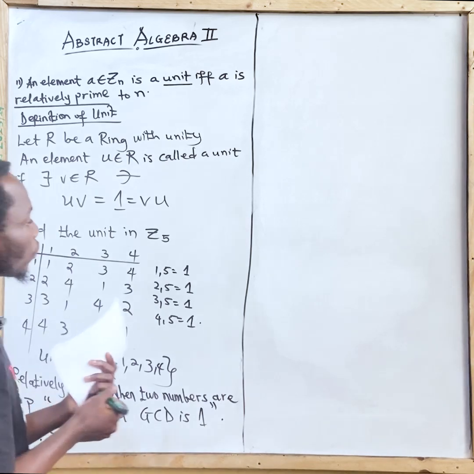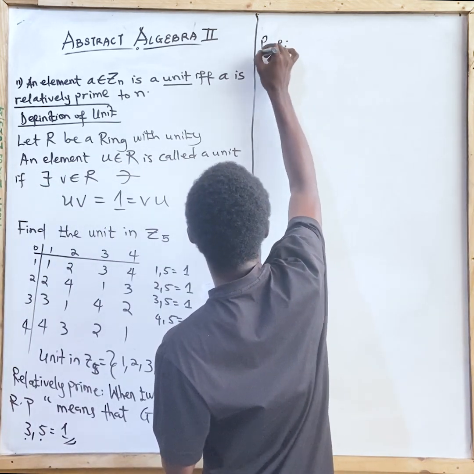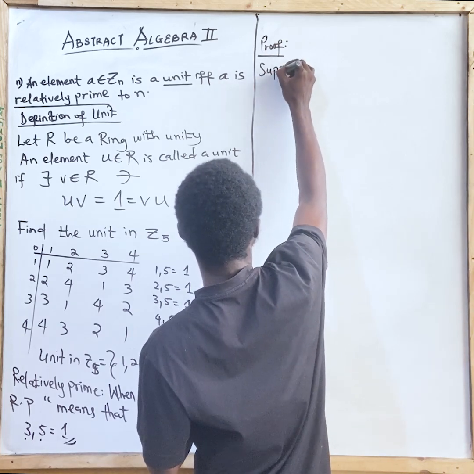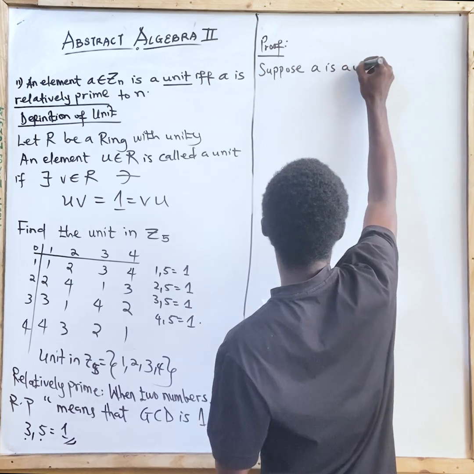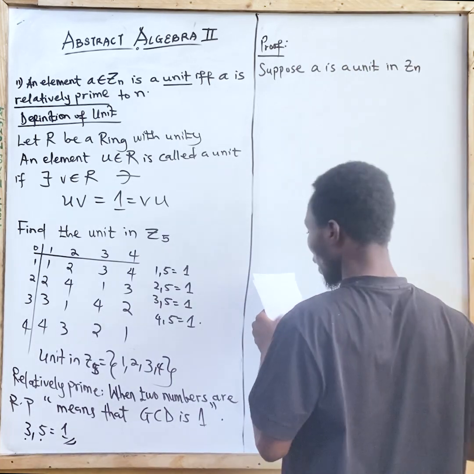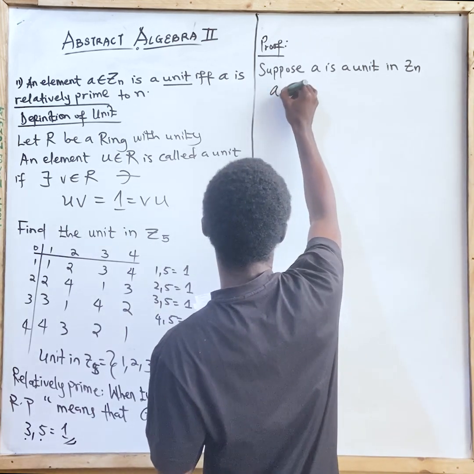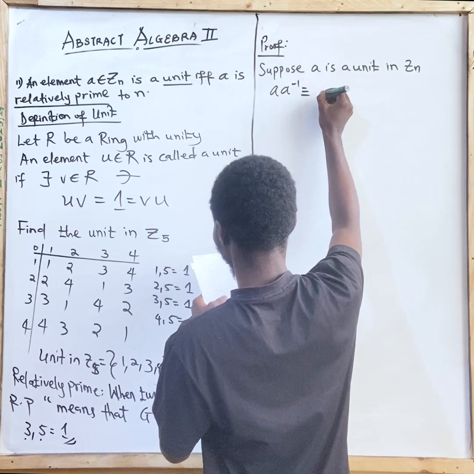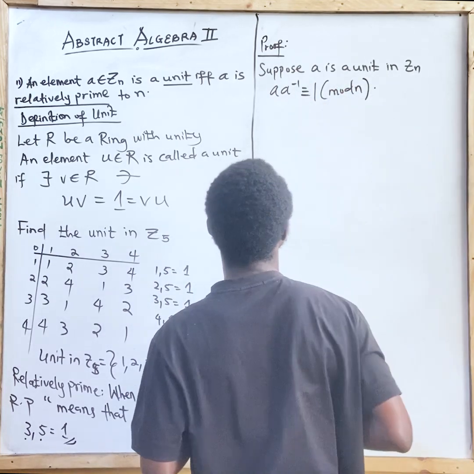So if you're asked to prove this, we start by saying the proof. Suppose A is a unit in Zn. If A is a unit in Zn, what that means is that A inverse is congruent to 1 mod n.